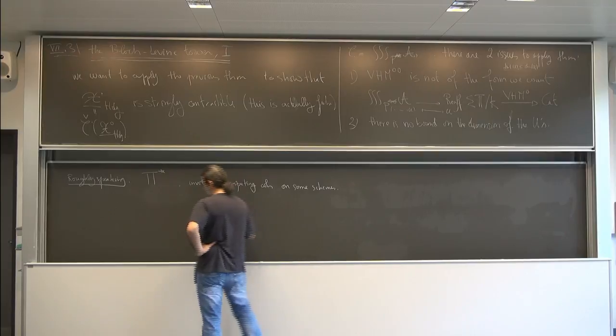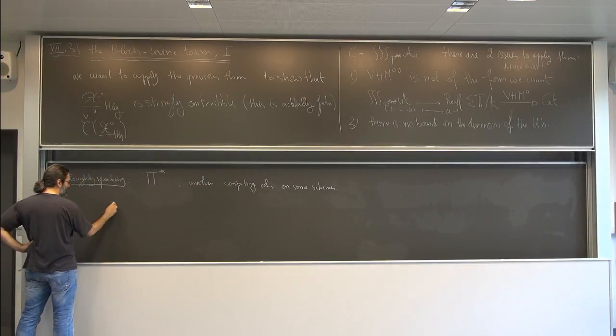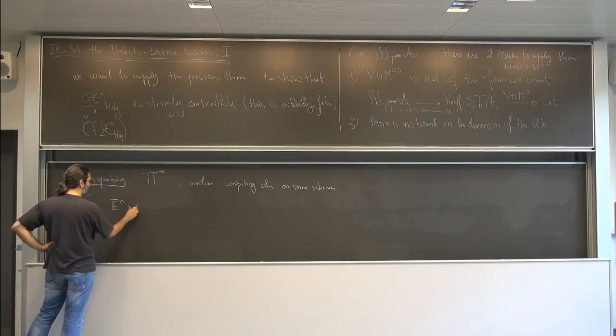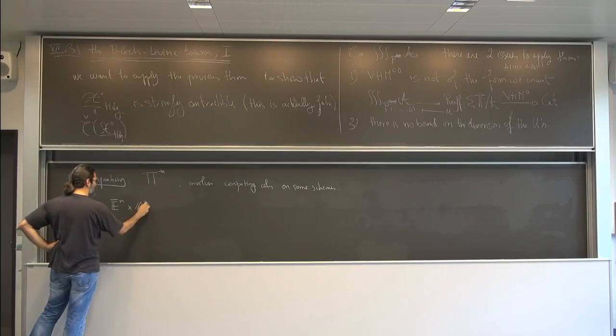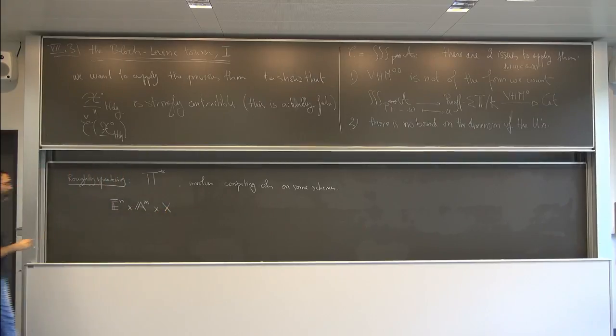And what are the schemes that appear? They are rather simple, but they are of this form: E bar to some power times affine space to some power, and then maybe times some test scheme X.